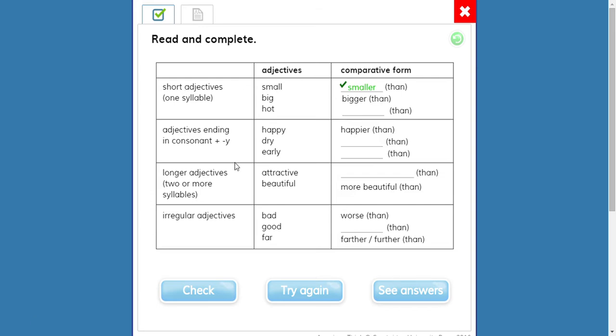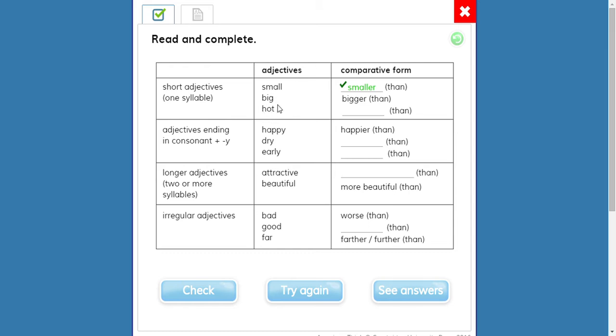Look, this is the adjective small, and here is small once again, but with the ending er. Small, smaller. Between brackets and down is the comparison.